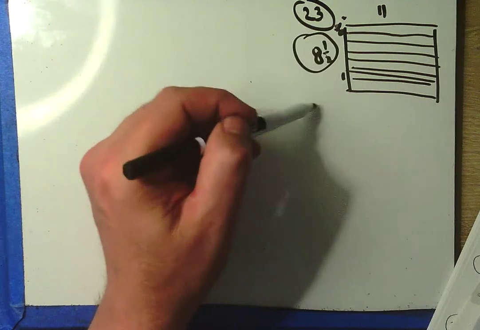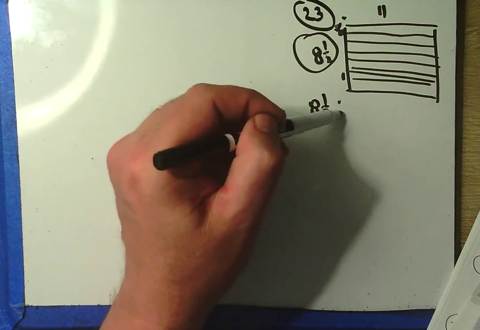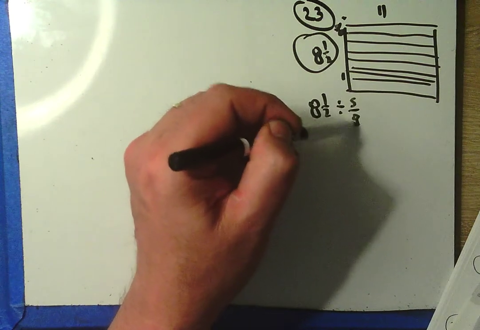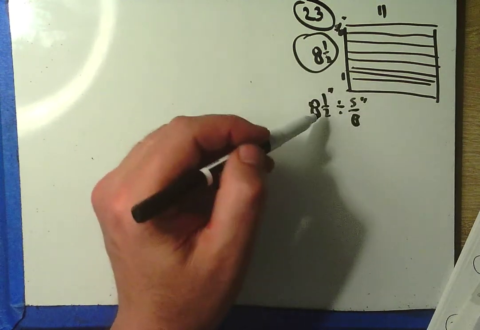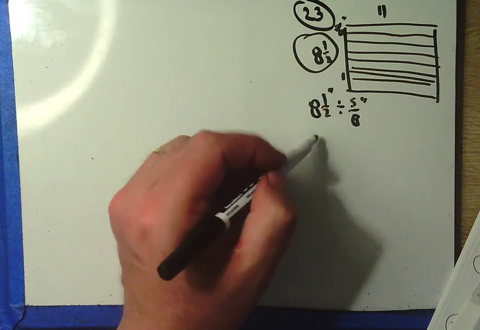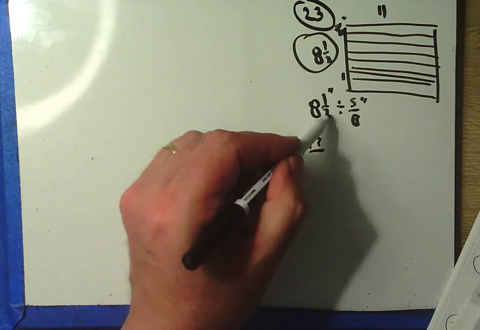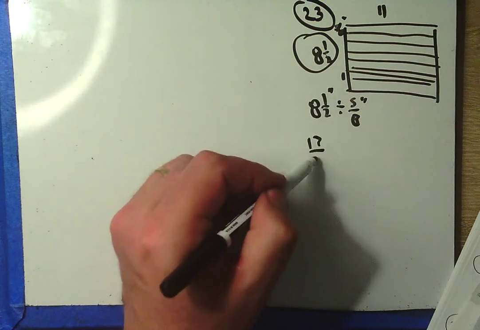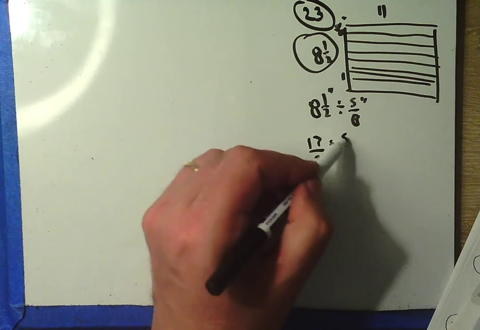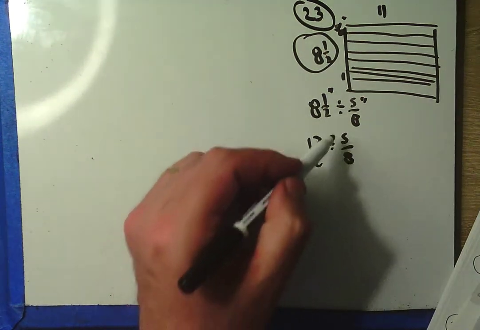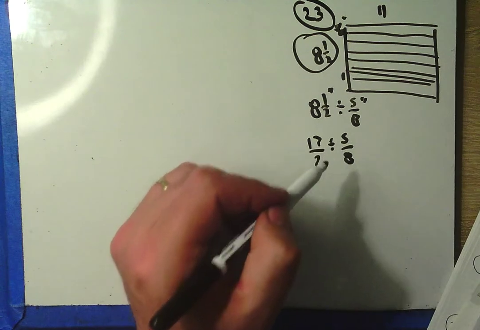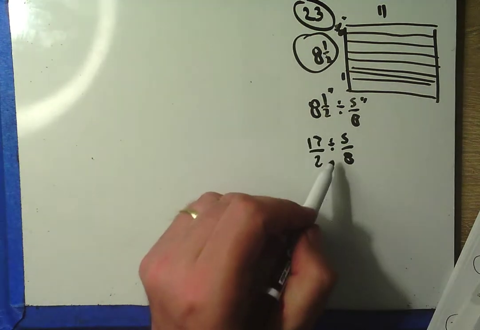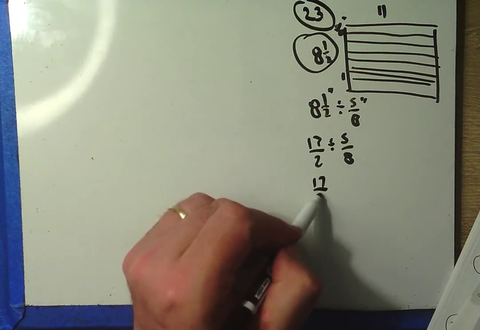Well, I want to take this 8.5 and divide it by 5/8 of an inch. So first I'm going to turn the mixed number into an improper fraction. 8 times 2 is 16 plus 1 is 17, divided by 5/8. And then I remember Mrs. Rowan, my 7th grade math teacher, saying, when you're dividing with fractions, you flip and multiply.